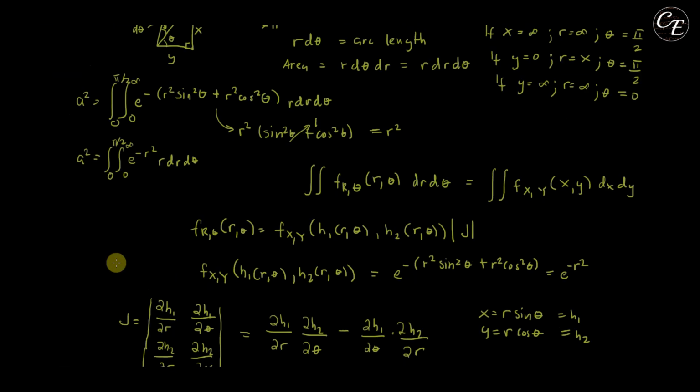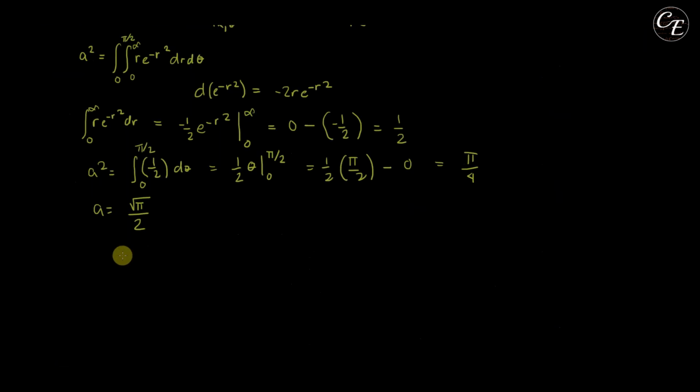So let me rewrite it here. The integral of e raised to negative x squared dx from negative infinity to positive infinity is equal to 2a, which is equal to 2 times the square root of pi over 2, which is equal to the square root of pi. Now this is our desired value, which is the integral of e raised to negative x squared dx from negative infinity to positive infinity.